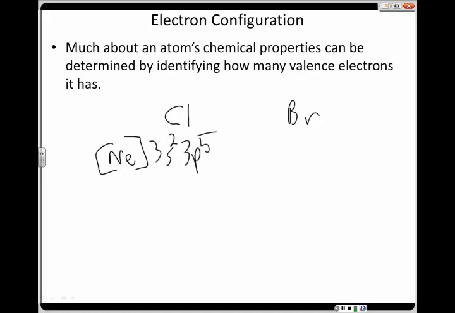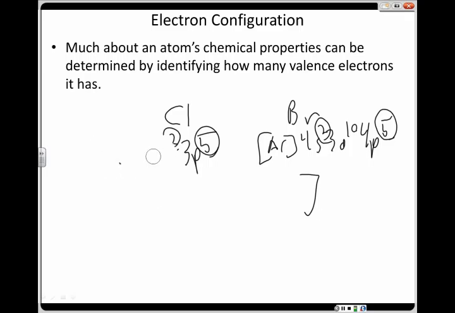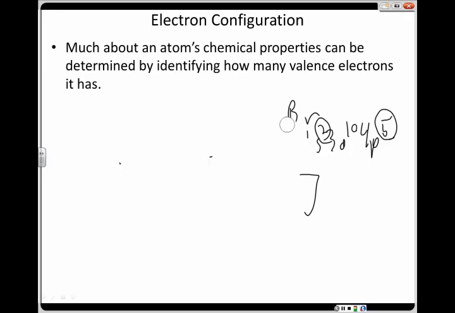Bromine is argon 4s2, 3d10, 4p5. Now, if we look at the number of valence electrons each has, chlorine has how many? It has 7: 5 from the 3p and 2 from the 3s. Bromine has 5 from the 4p and 2 from the 4s, so it has 7. The reason chlorine and bromine have similar properties is because they both have 7 valence electrons. So it's the number of valence electrons that really dictates what an atom does and how it behaves.